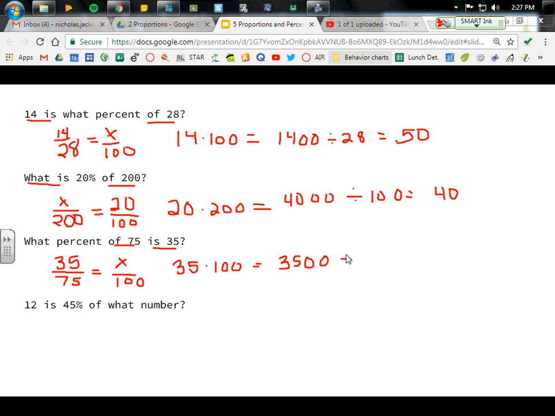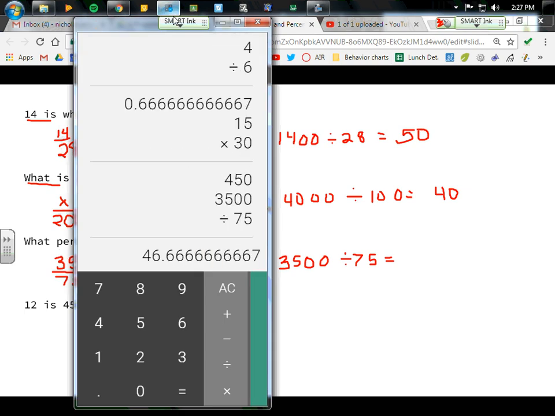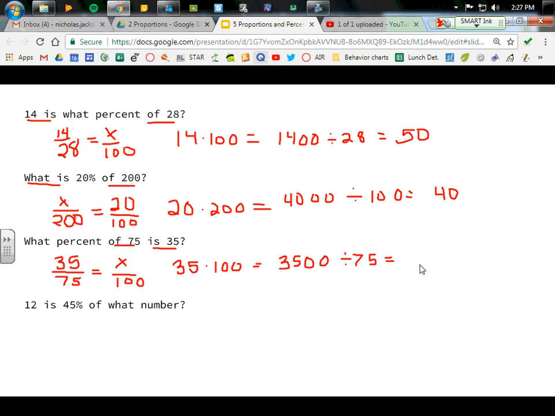And then we divide by 75. I don't know that off the top of my head, so let's do it. So we get just about 46 2/3%.